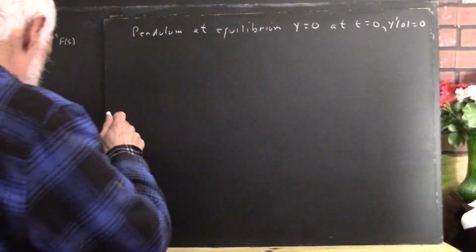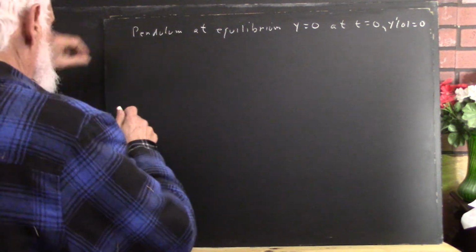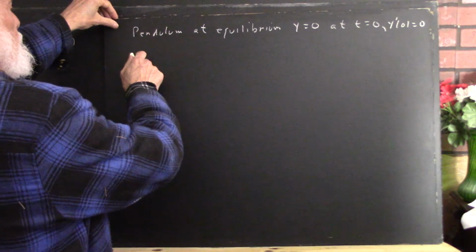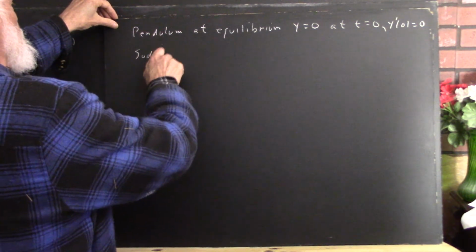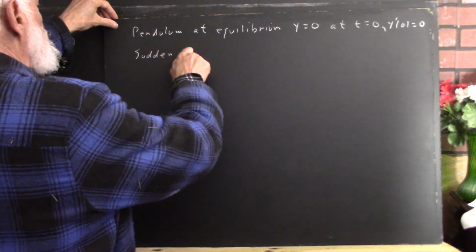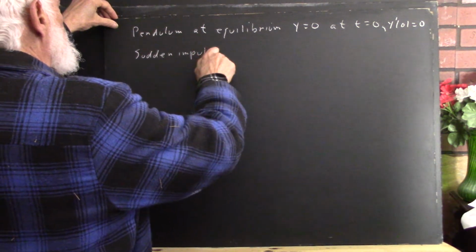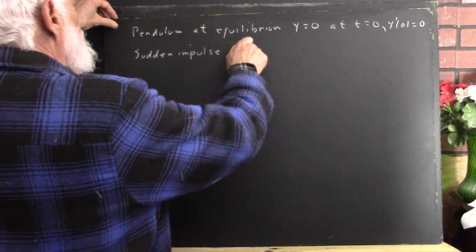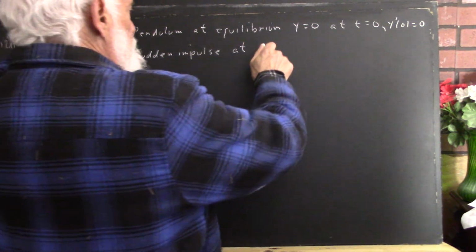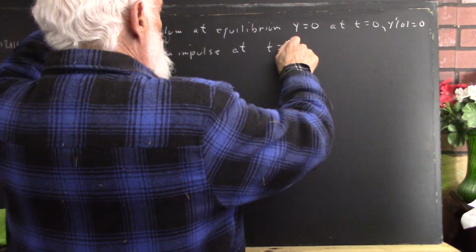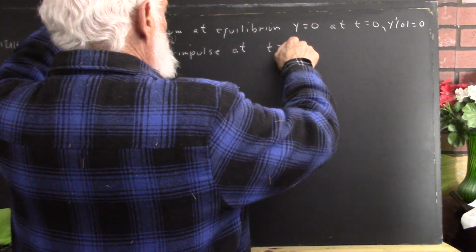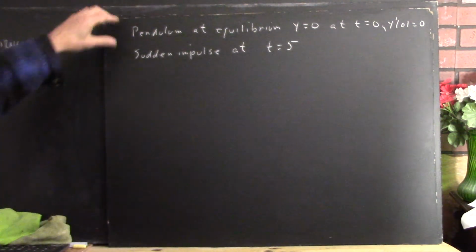Then we exert a sudden impulse at, let's say, t equals 5. Why not? Okay.